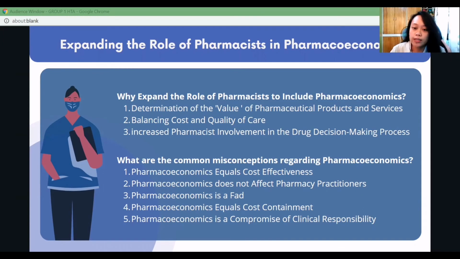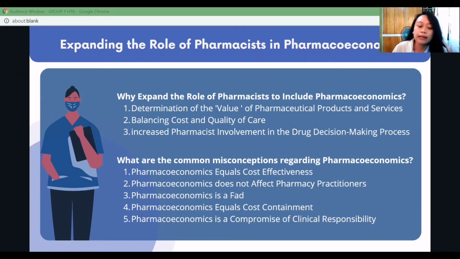Next, for the third one, increase pharmacists' involvement in the drug decision-making process. An increasing number of pharmacists are becoming involved in institutional medication use decisions. And ang nagiging katumbas nito, when they get involved in institutional medication use decisions, is they're already assessing the costs and consequences of various alternatives and recommending the most cost-effective treatment options to medical decision makers.